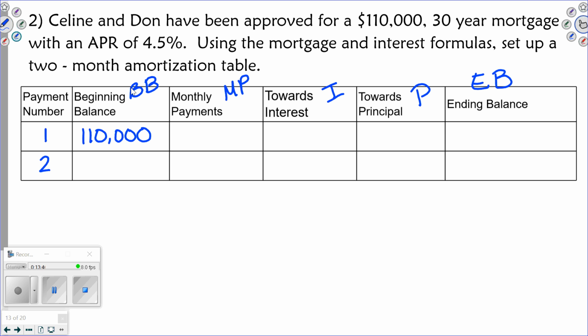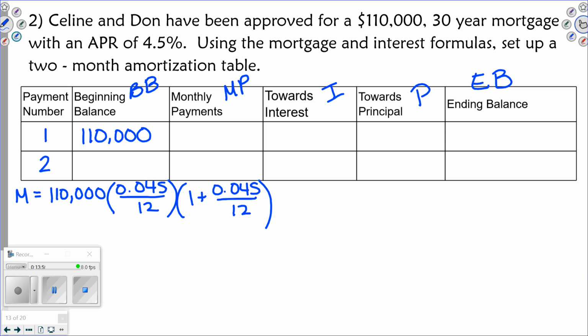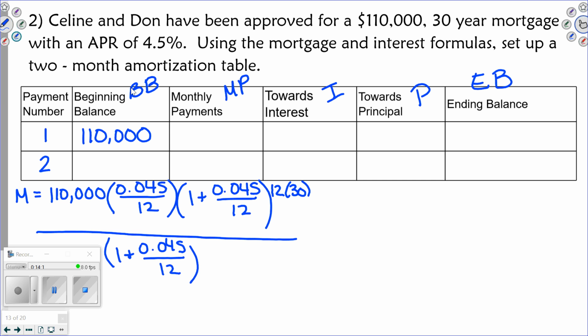So let's go back to our formula and figure out that monthly payment. There's your giant monthly formula.